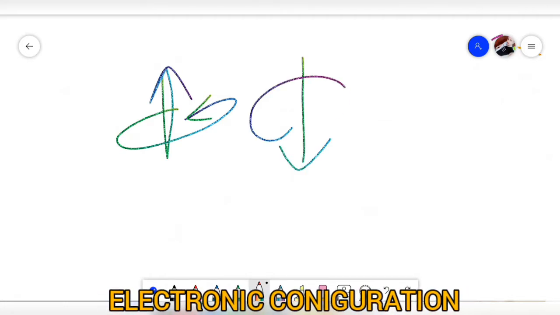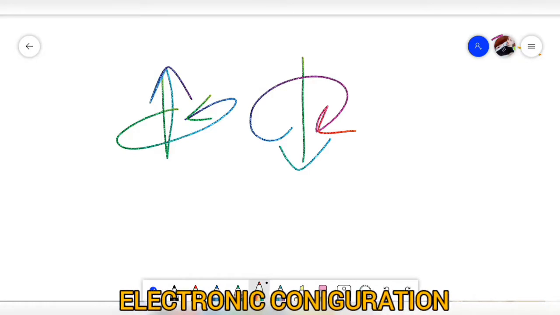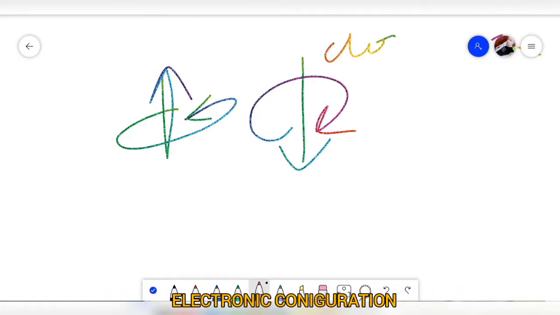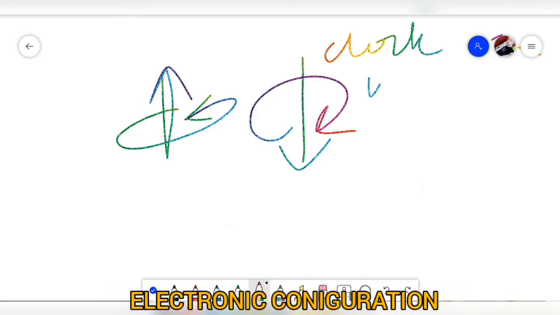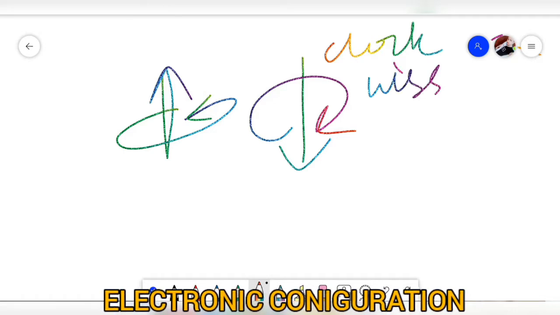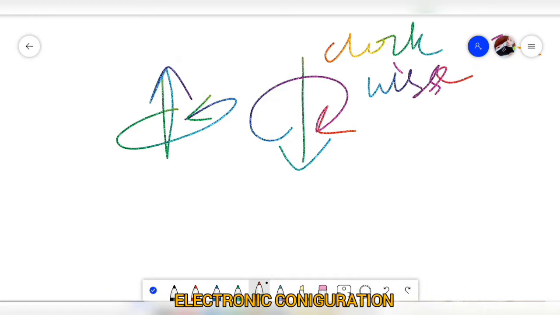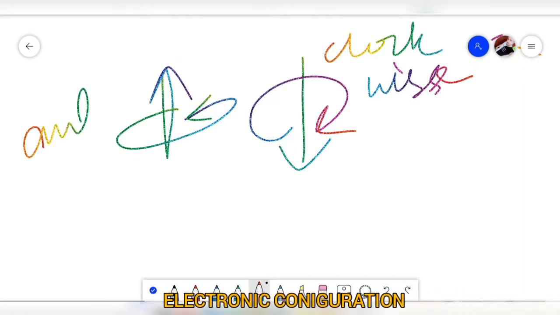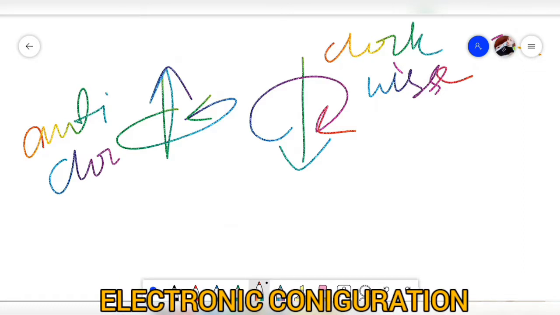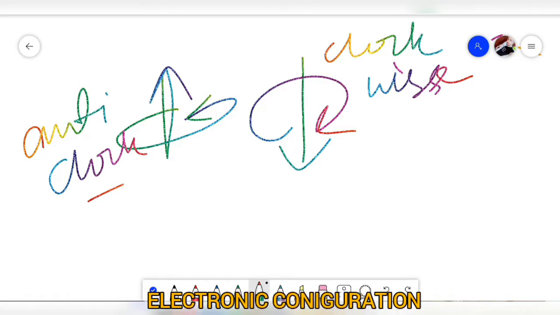And if I am showing one down, this one is showing the anti-clock spin, right?